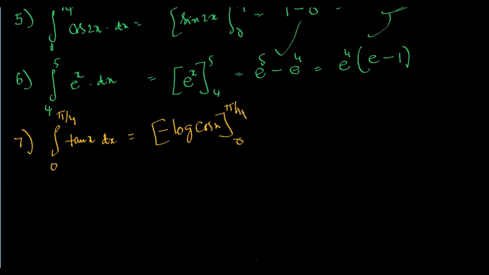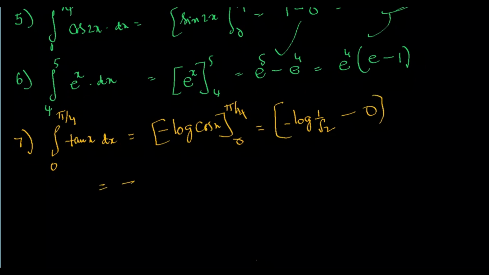And this works out to minus log 1 by root 2, that is the upper limit, minus log cos 0, log 1, that is 0.